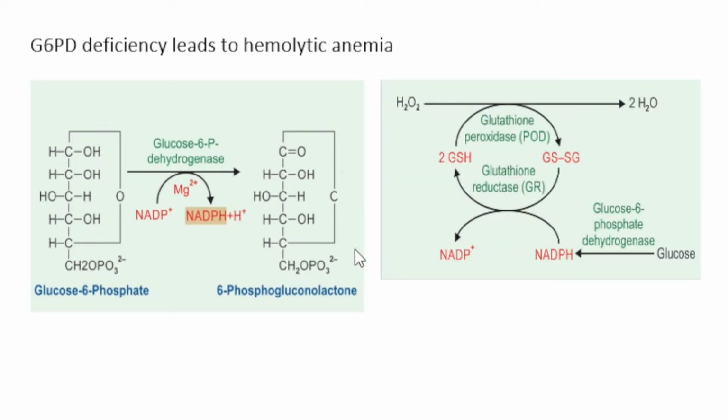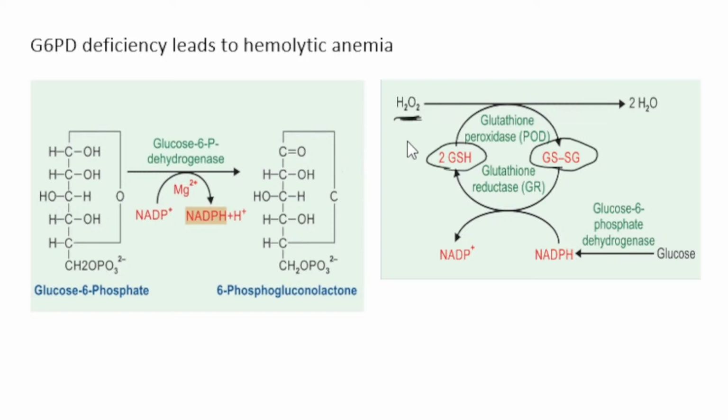So what will happen? This NADPH is required for conversion of oxidized glutathione to reduced form of glutathione, which is essential for detoxification of hydrogen peroxide.